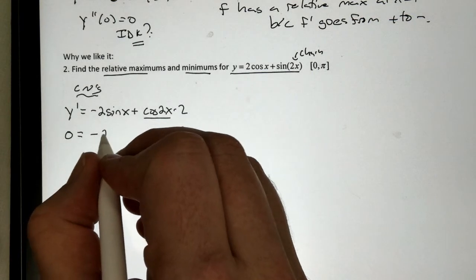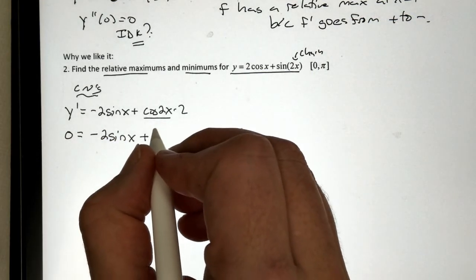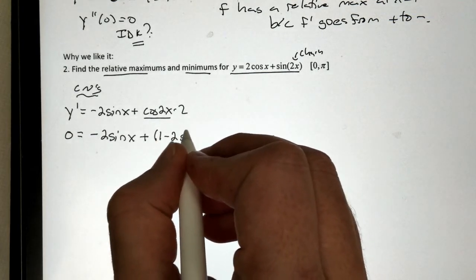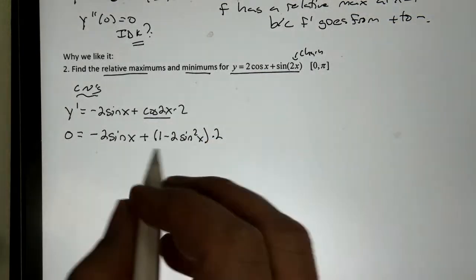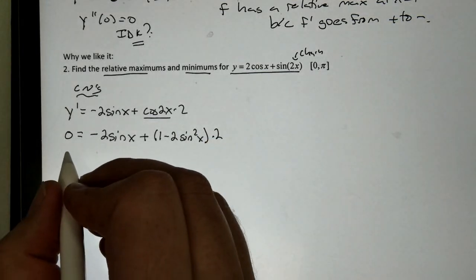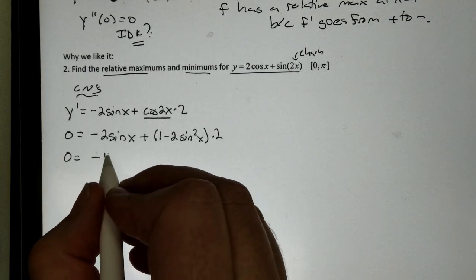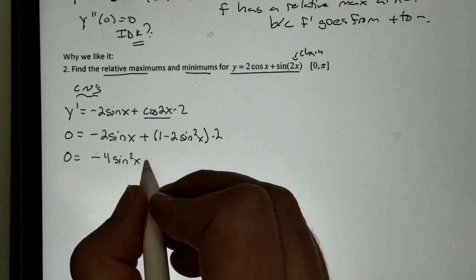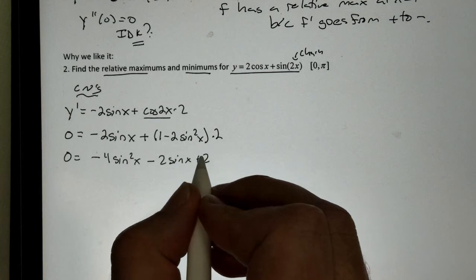I can write this as negative 2 sine of x plus, using an old identity, cosine of 2x is 1 minus 2 sine squared of x, times 2. If I simplify this and write it in the right order, we would get negative 4 sine squared of x minus 2 sine of x plus 2.